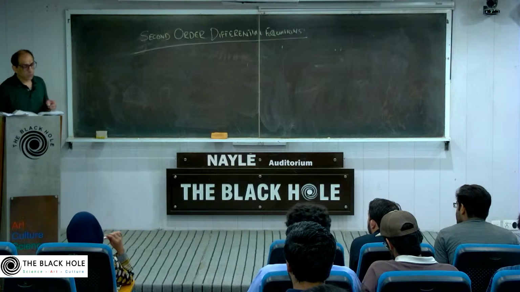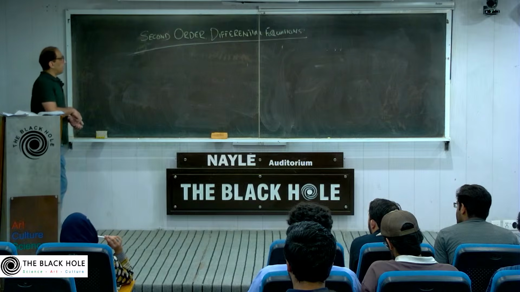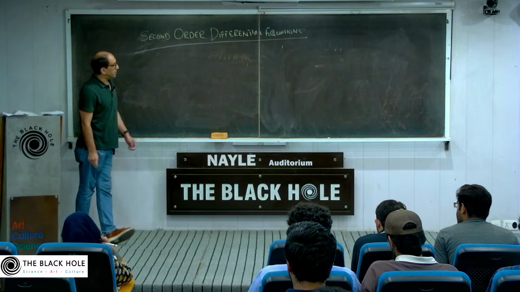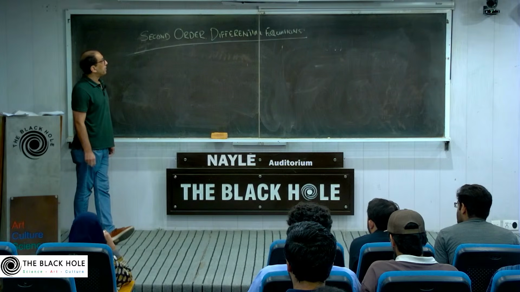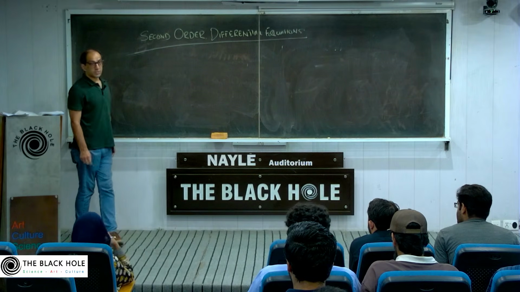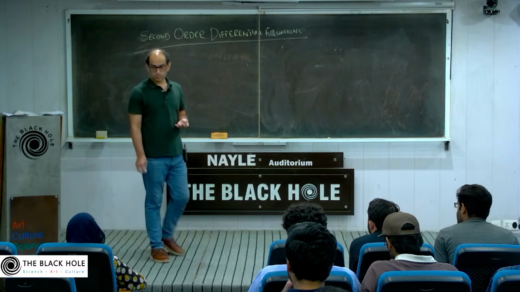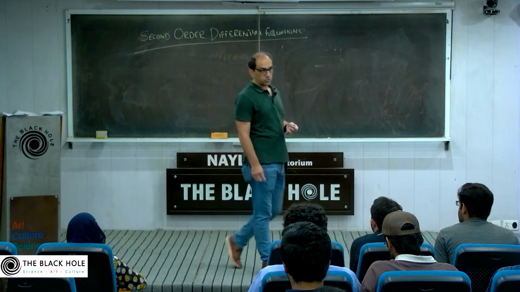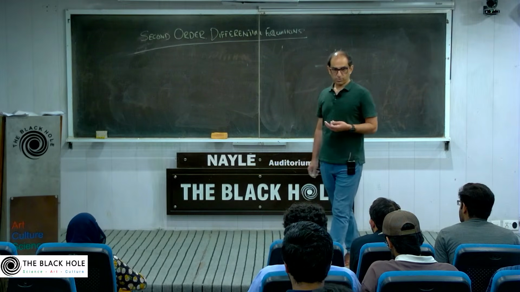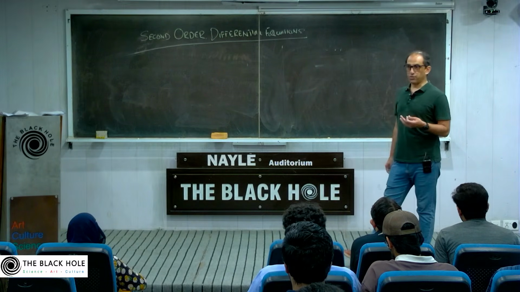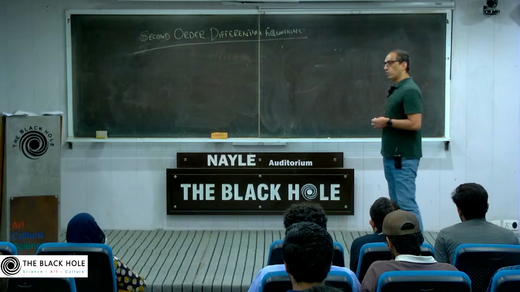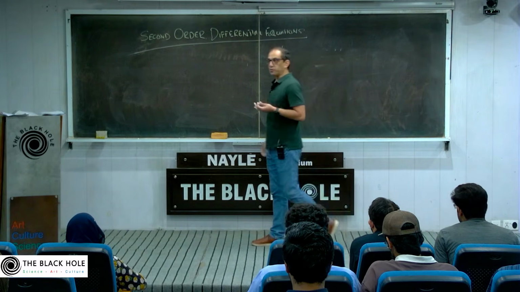And I'm going to talk about the second order linear differential equation. There is a theorem which says that the solution can be written as a superposition. So you have an nth order differential equation, you will have n solutions. What do you understand by this superposition principle?